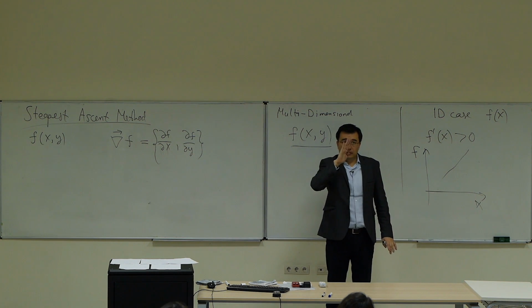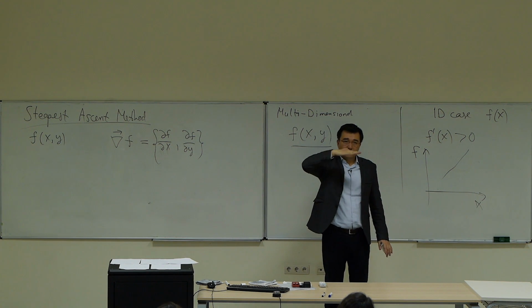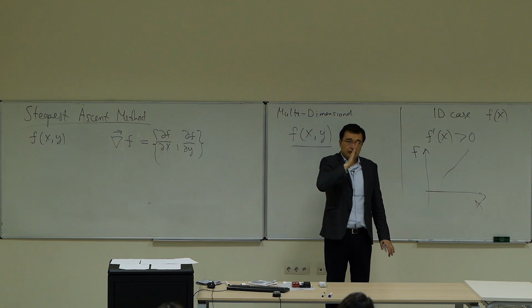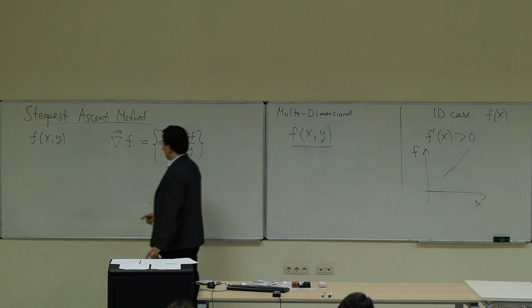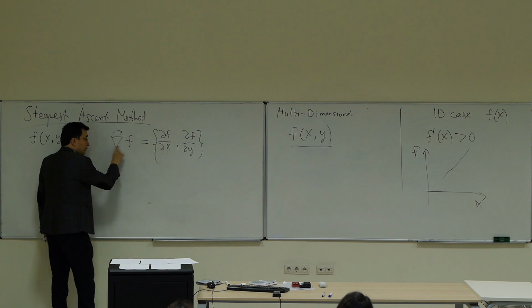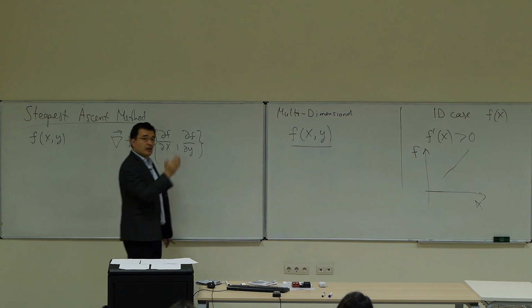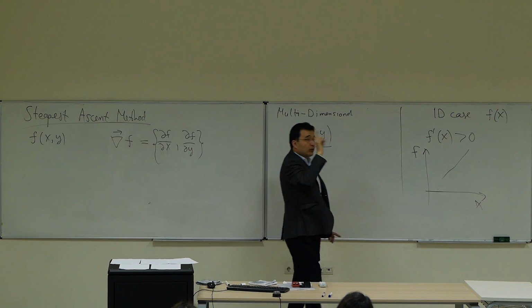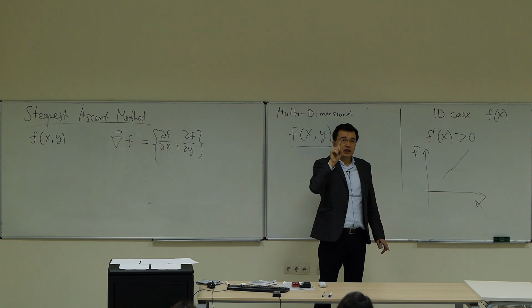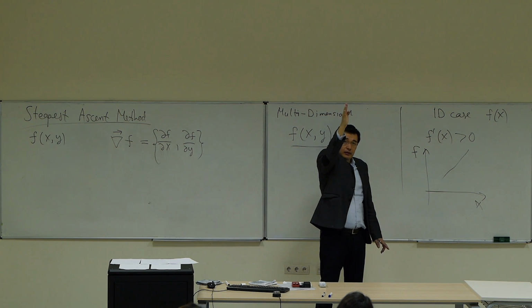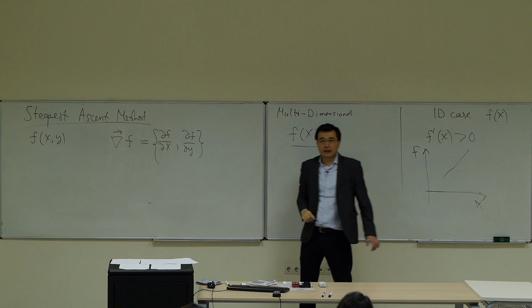Is it flat or steep? If gradient is 0, it means it's flat. If it's non-zero, it means some steepness. Now, that's the magnitude. On the other hand, this is a vector, which means it also has a direction. It's pointing somewhere. What is the meaning of that direction? The meaning of that direction is the direction of the steepest climbing. All right? Steepest climbing.